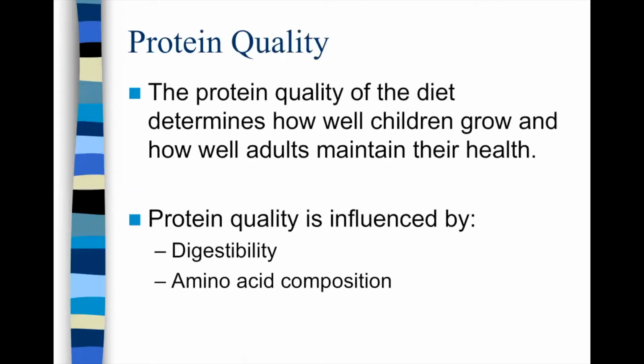Generally speaking, the reference protein that we use to compare other proteins to is a high quality protein food that has all of the essential amino acids required for preschool age children.